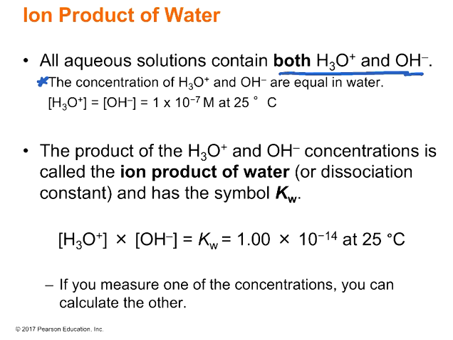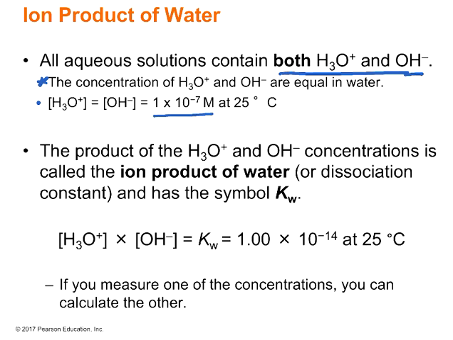So the concentration shown in brackets here for the hydronium ion is going to equal the concentration of the hydroxide ion, and both of their concentrations will be equal to 1.0 times 10 to the negative 7th moles per liter at 25 degrees Celsius.